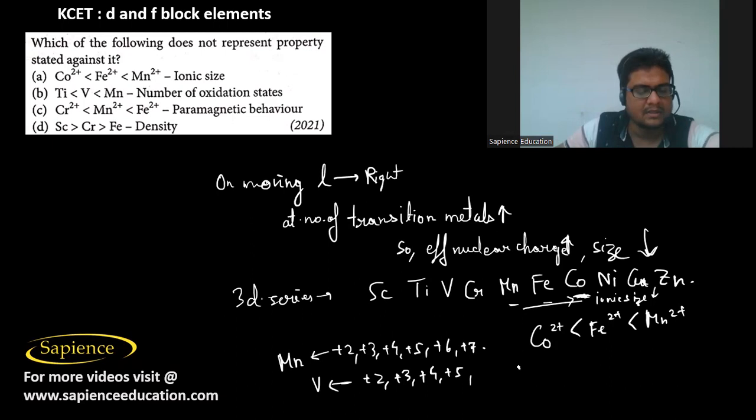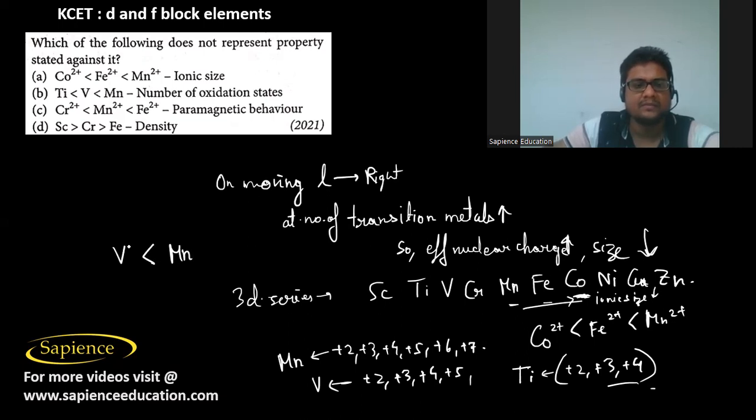And titanium shows oxidation states +2, +3, and +4 only. So it means that the maximum number of oxidation states is shown by Mn, then less than that is vanadium, and less than that is titanium. So titanium shows the least number of oxidation states.